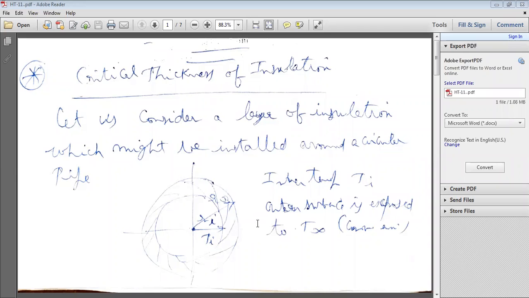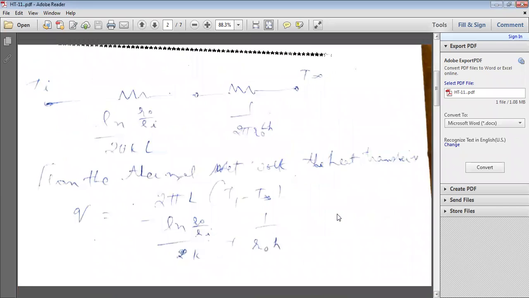Here conduction mode, here convection mode. That's why you have to consider both modes of heat transfer, conduction as well as convection. Now, if you draw the corresponding thermal circuit for this cylinder as well as the outside convective environment.